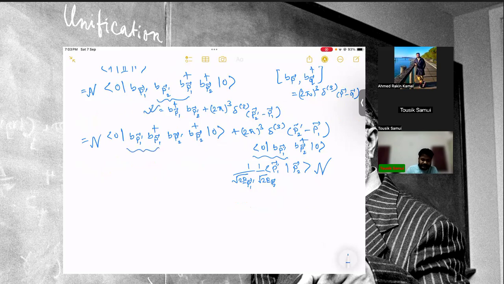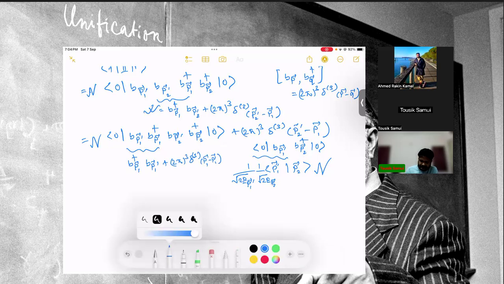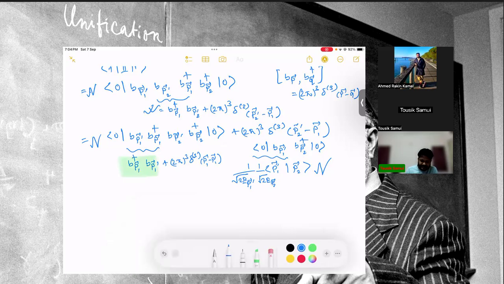Let's say we swap these two, then I will have b_p1 dagger and then b_p1', plus 2 pi whole cubed delta cubed (p1 ...). So this whole term, and if you see this term especially, it will actually annihilate the vacuum state on the left.